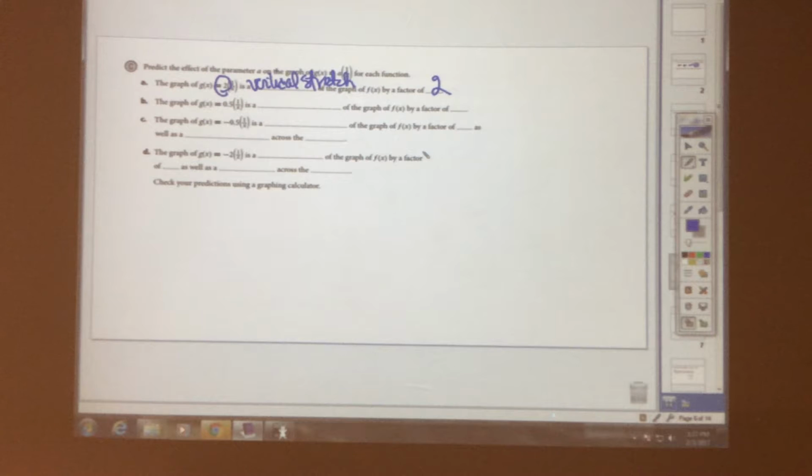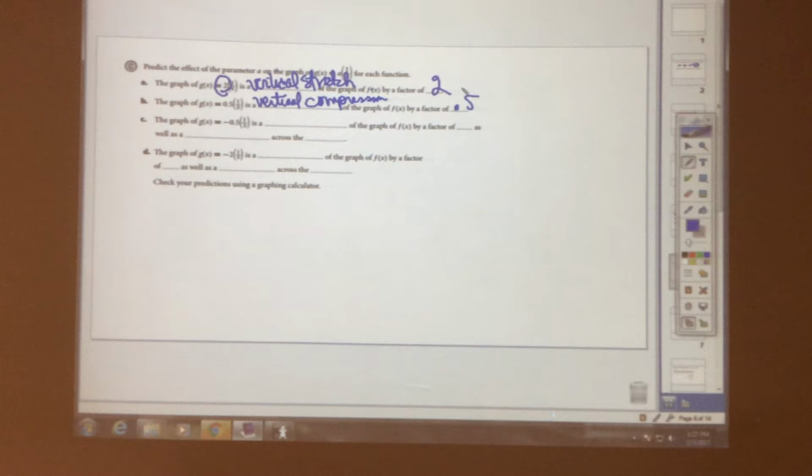The graph g of x on part B is 0.5 times 1 over x. It is a what? Vertical compression by a factor of 0.5, or you could put 1/2 if you want. C is the same as B, except they added a negative.